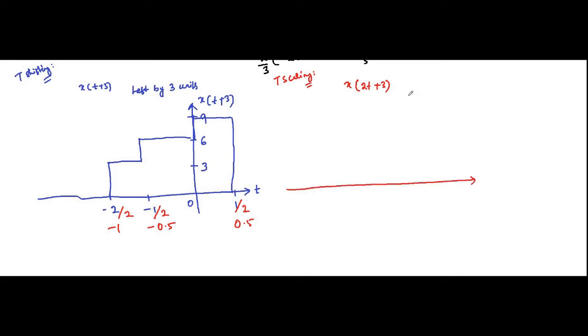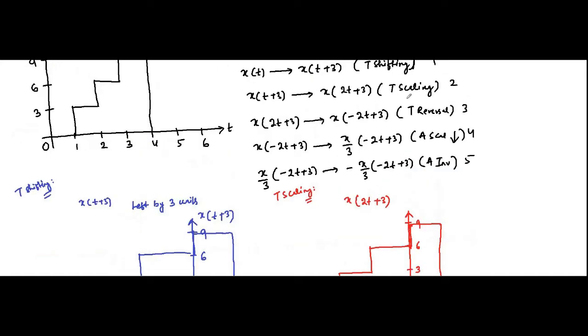Nothing will change in the amplitude axis, it will stay the same, that is 3, 6, 9, and on the time axis minus 1, minus 0.5, 0, 0.5. This is the time scaled signal.